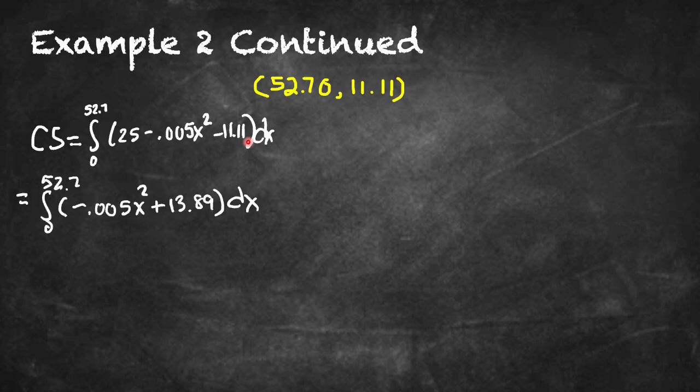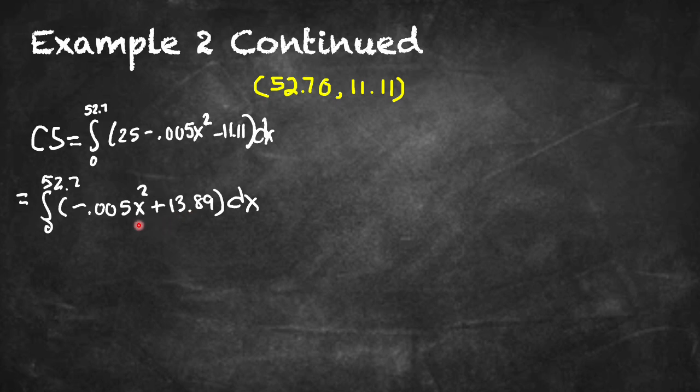And when we set up our integration, we have negative 0.005x squared plus 25 minus 11.11. But when we combine that 25 and 11.11, that gives us 13.89. So we just combine those constants.